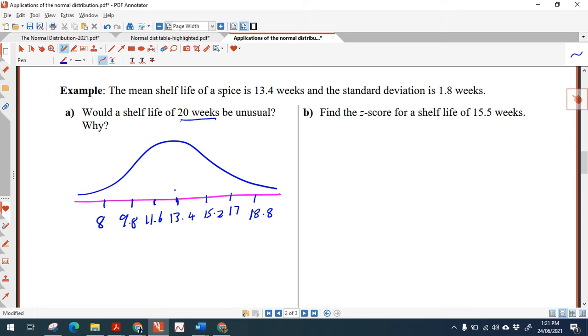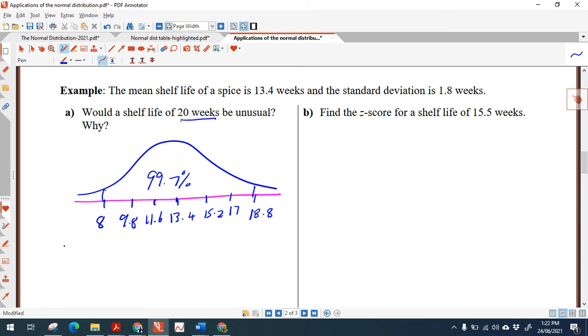Okay, so don't forget this is your average. So let's look at this region. We know that 99.7% lies within 3 standard deviations. So yes, it is very unlikely that a shelf life of 20 weeks would exist. So it would be very unusual to have 20 weeks, because 20 weeks is way beyond the 18.8.